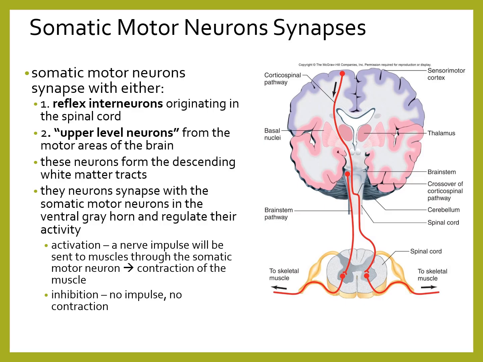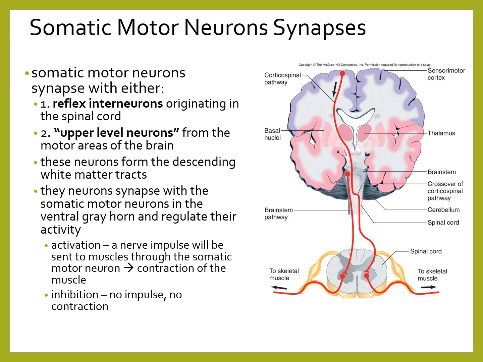Or these upper level neurons can keep going right through the brainstem, and they can descend down the spinal cord to form the white matter tracts of the spinal cord, and then synapse with the somatic motor neurons in the ventral gray horn, and then those somatic motor neurons form the spinal nerves and then branch to form our peripheral nerves.